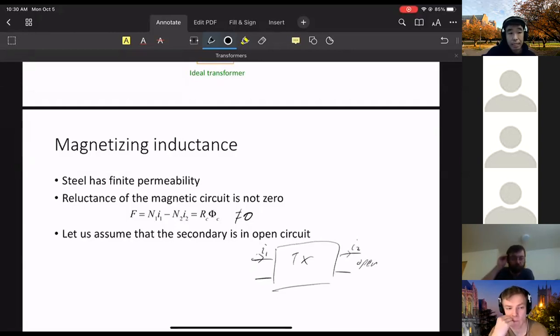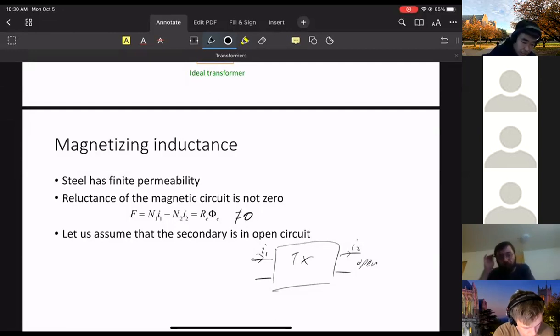If it's an ideal transformer and you leave the secondary open, there's no current flow because I2 is 0. But since this is a more practical transformer, there'll be some current that actually goes into the transformer. There's some magnetizing current. Let's look at what happens with the magnetizing current.